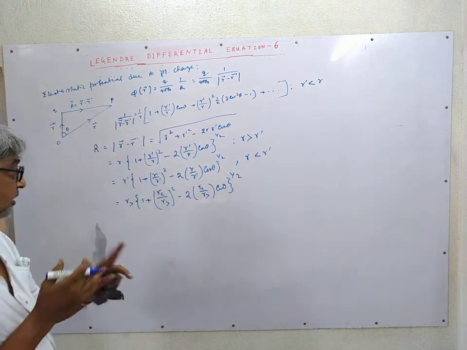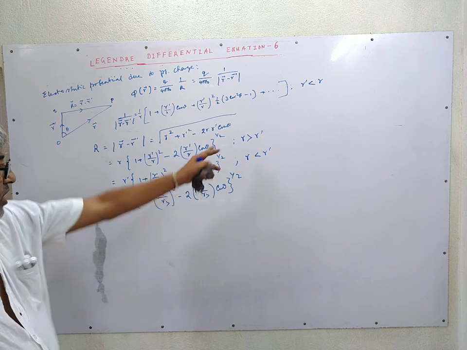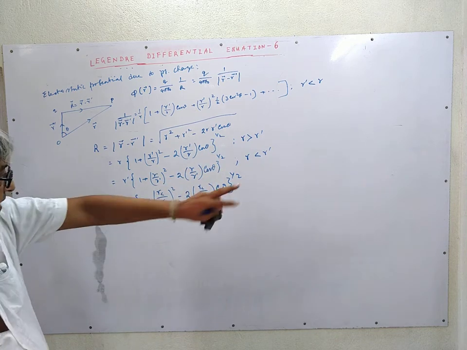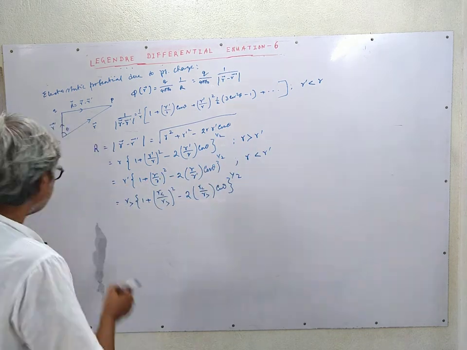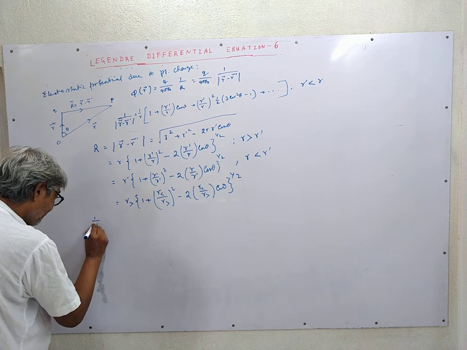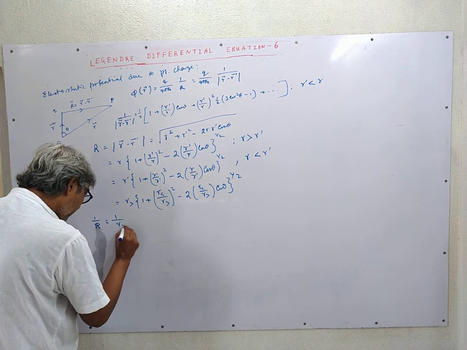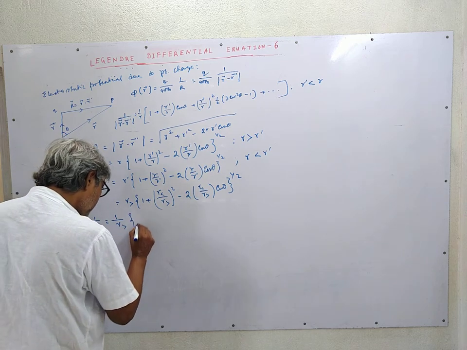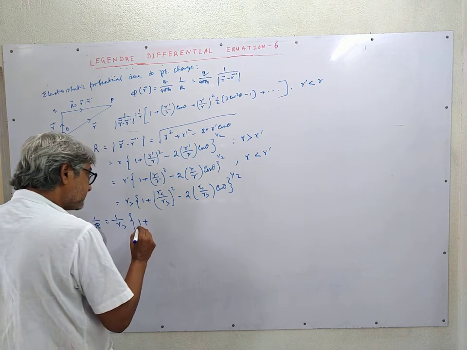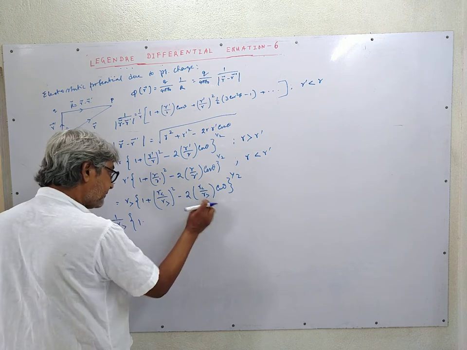R less means the lesser amongst r and r prime, and r greater is the larger of them. So 1 by R can be represented as 1 by r greater times 1 plus this term.